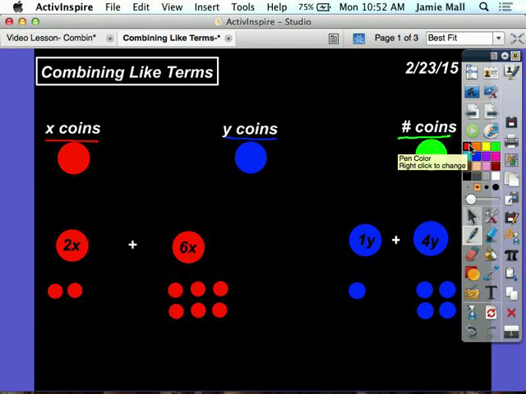So we used the combination area to combine X coins together, Y coins together, and number coins together. Let's talk through what that process looked like.